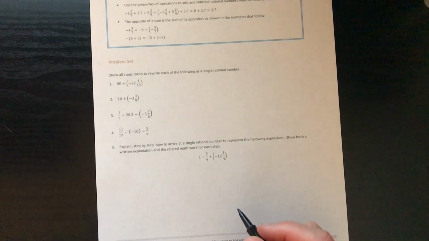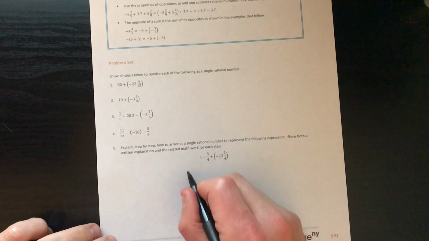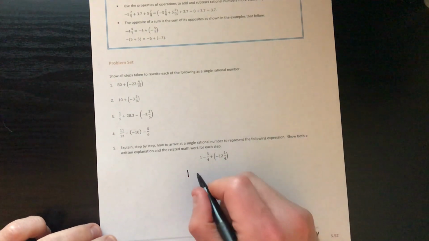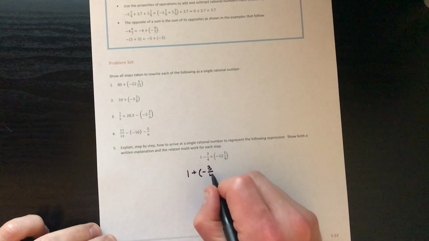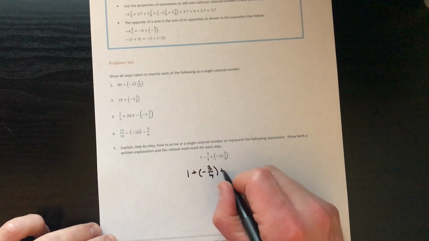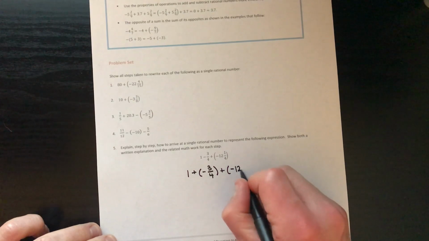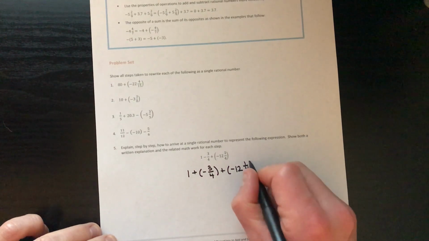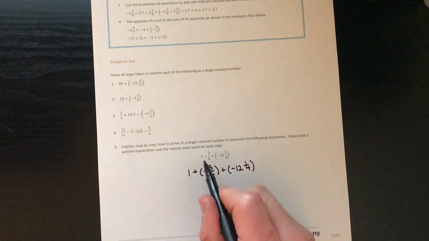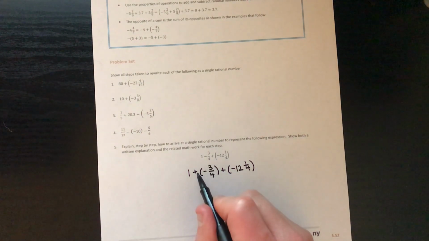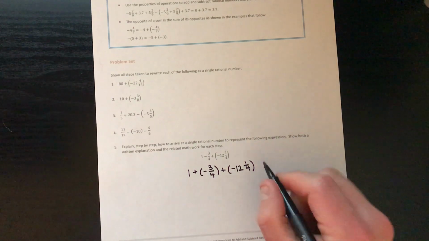Okay, so I'm going to rewrite this as 1 plus -3/4 plus -12 and 1/4. I literally only made one change there, and that's that subtraction is the same as adding the additive inverse.